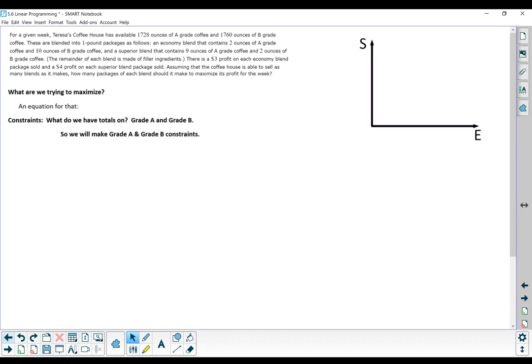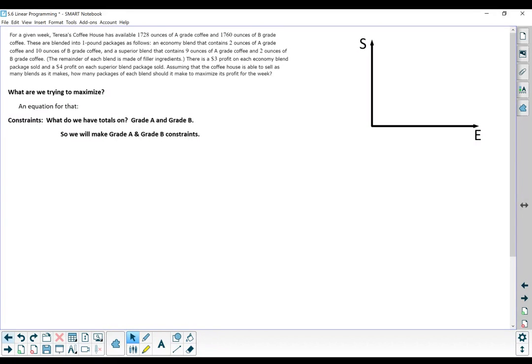So the company makes a $3 profit on each economy blend and a $4 profit on each superior blend. So assuming they're able to sell as many blends as they are able to produce, how many packages of each blend should the company make in order to maximize profits for the week?